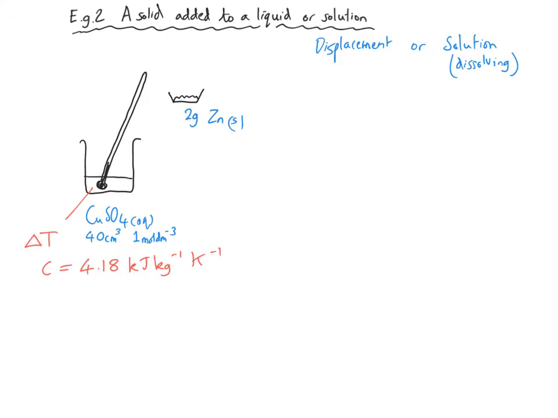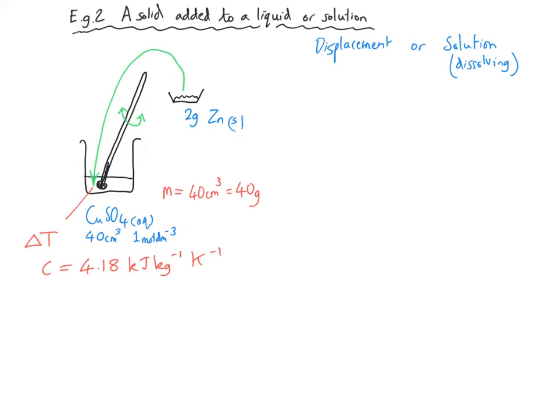And then in the experiment we would add the zinc to the copper sulfate and we'd stir it, probably by stirring with the thermometer. Now in this example, the m for the amount of substance being heated is in fact the mass of the solution.